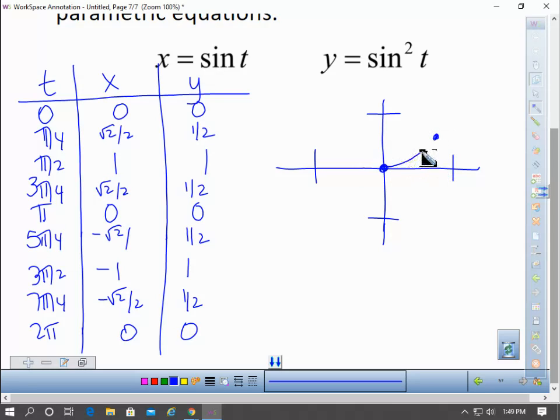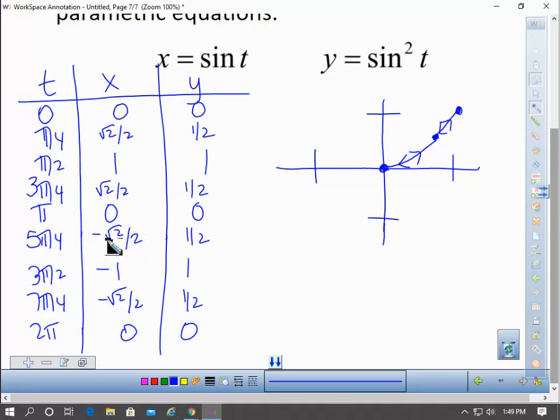And so I've moved up to here, and I'm moving in this direction. And then I get to 1, 1. I've moved here, and I'm going in this direction. Then I come back to radical 2 over 2, 1/2. So then I travel back to this point here. That's 0.7 and then 0.5. And so then I trace back this way, get back to the origin again.